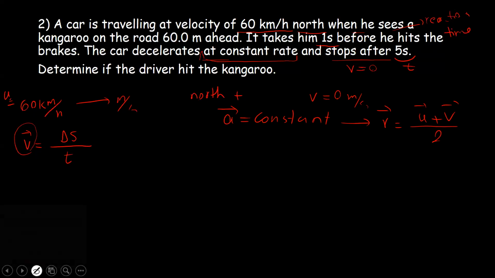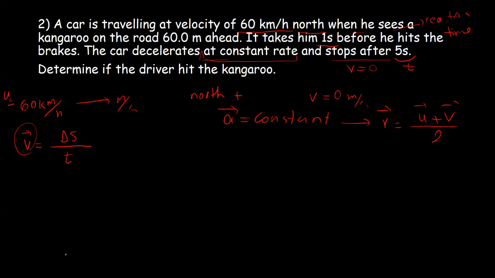always remember the average velocity is also initial plus final velocity divided by 2. So I can find my average velocity v equals u, that is 60 kilometers per hour. First I convert this to meters per second: I need to divide it by 3.6.